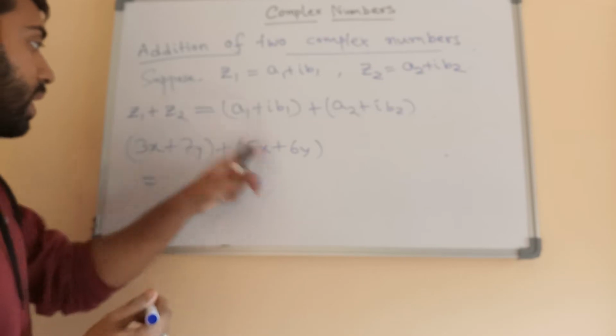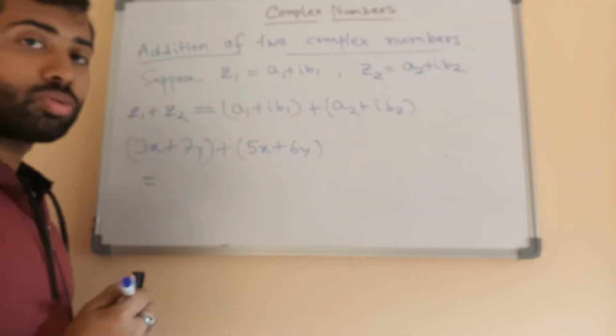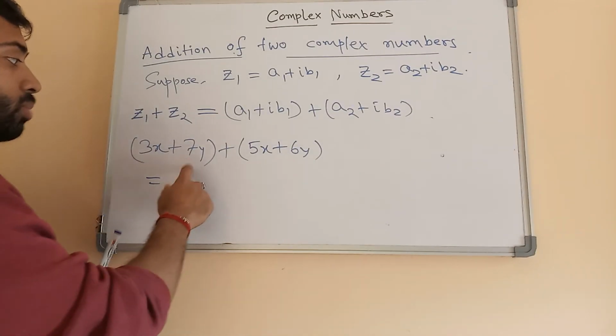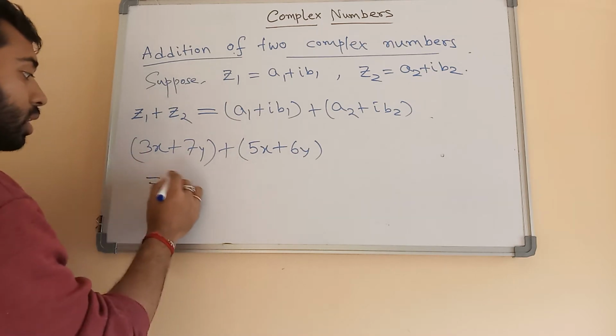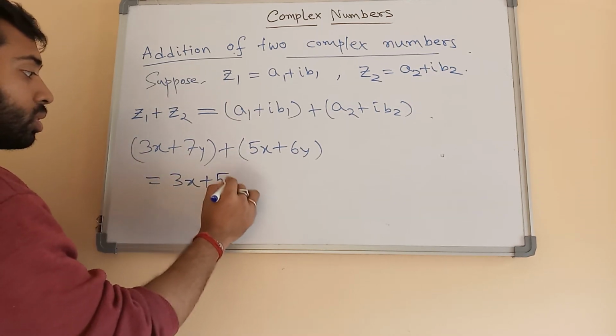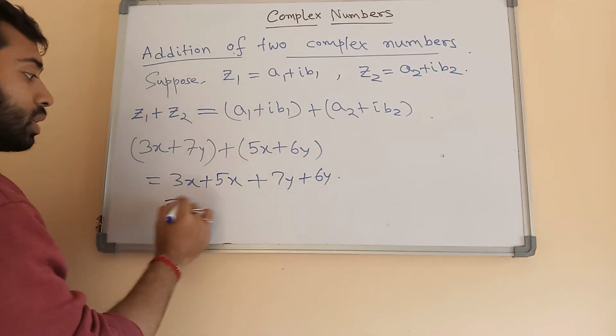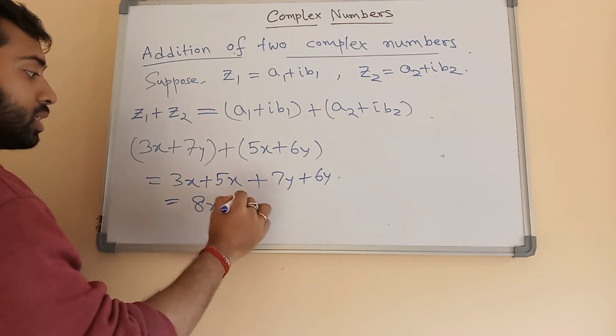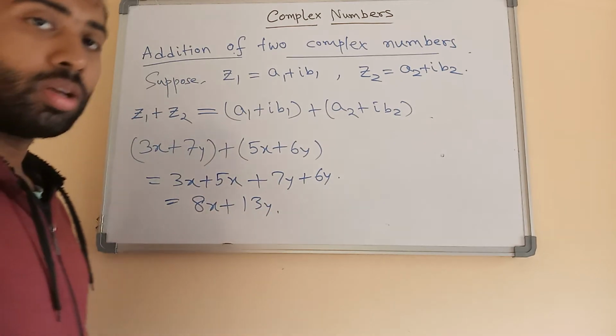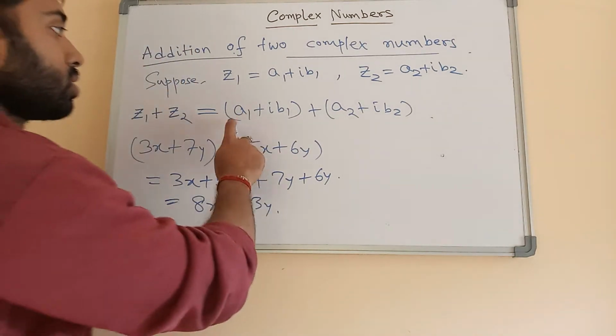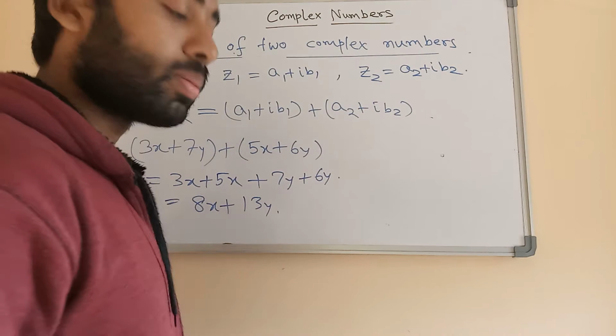We take the terms along x together and the terms with y together. That means 3x plus 5x plus 7y plus 6y, so it becomes 8x plus 13y.